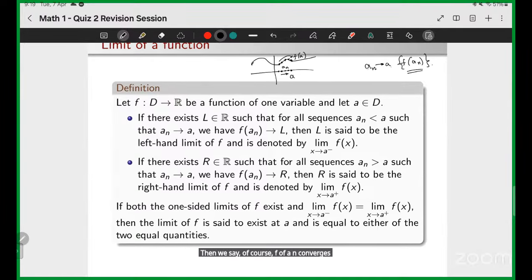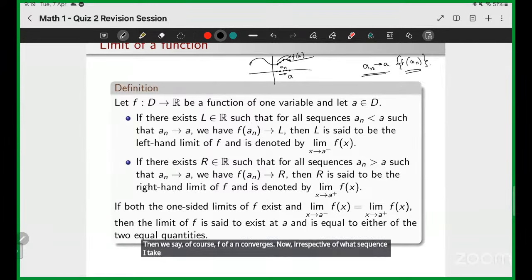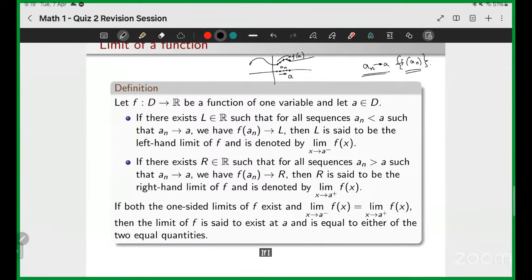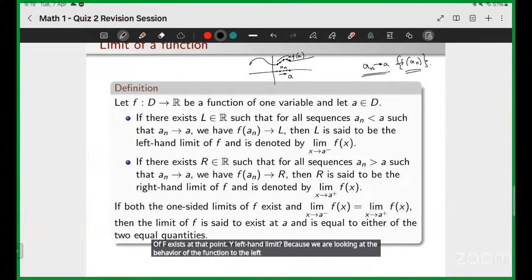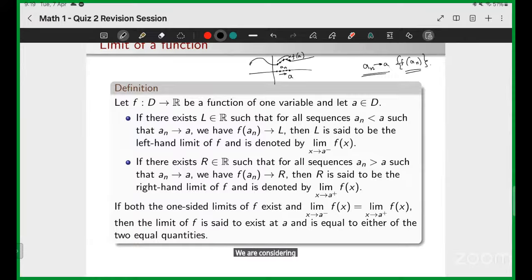Now, irrespective of what sequence I take, if I get f of a_n to be a convergent sequence and it converges to the same number, then we say that the left-hand limit of f exists at that point. Why left-hand limit? Because we are looking at the behavior of the function to the left of a. We are considering sequences less than a which converge to a and the corresponding function values.